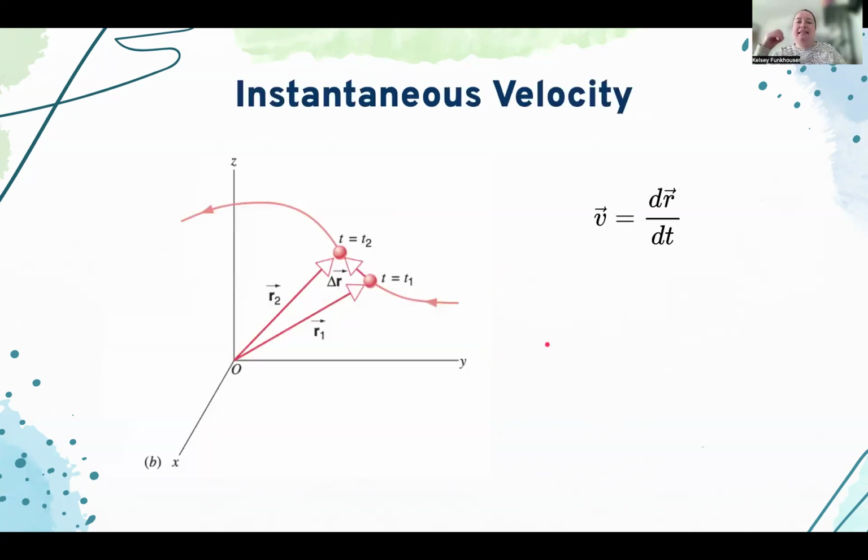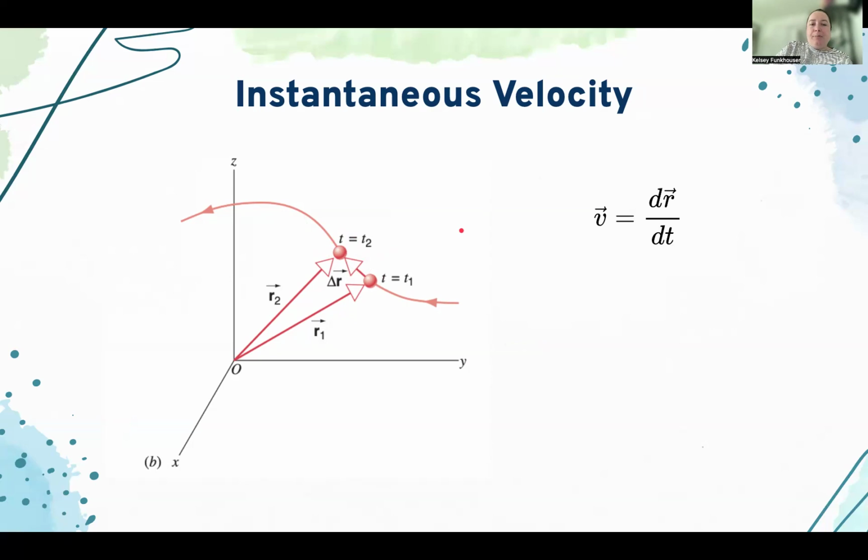If we want the instantaneous velocity of the particle at any given moment, we need to reduce the size of the time interval so that the displacement vector approaches the actual path. Before, our displacement vector was along the path, but not exactly perfect. But if we reduce the size of our displacement vector, it follows the path more precisely.